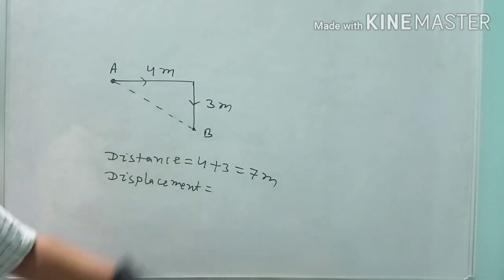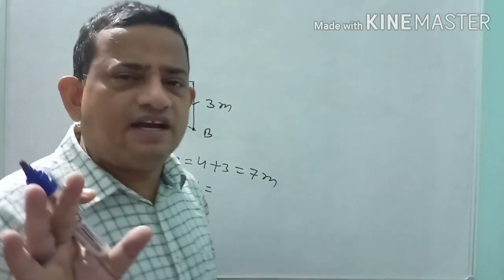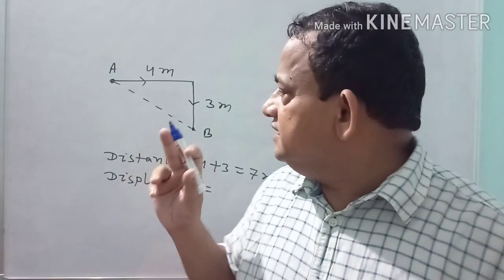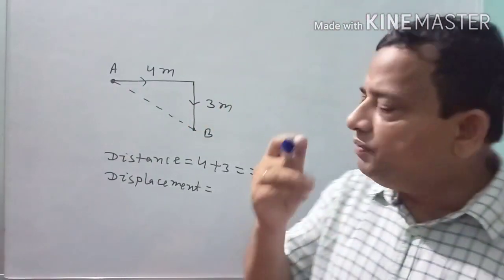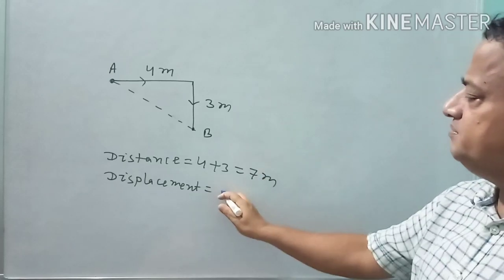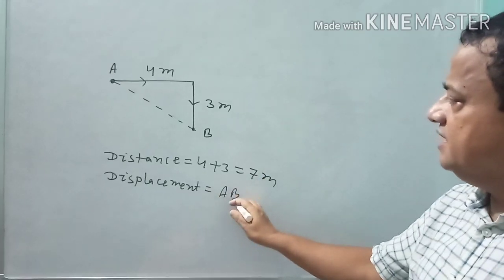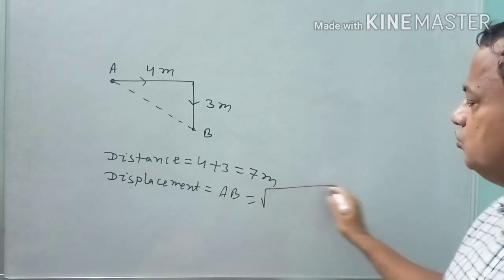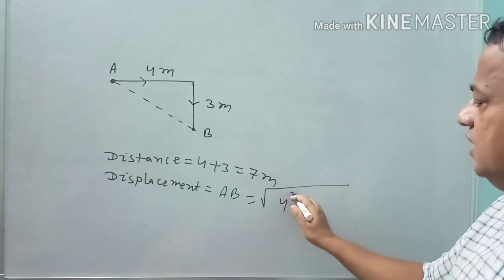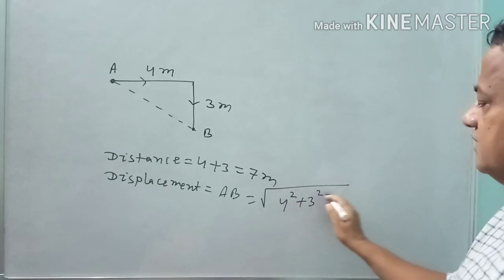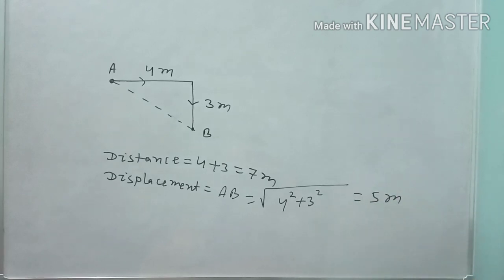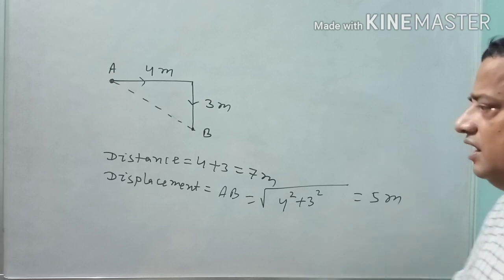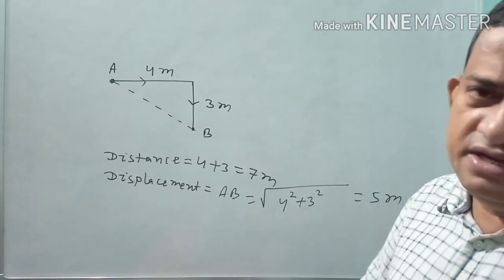In that right angle triangle, this AB is the hypotenuse. So displacement is equal to AB is equal to square root of 4 square plus 3 square, that is 5 meter. So in this question displacement is 5 meter and distance is 7 meter.